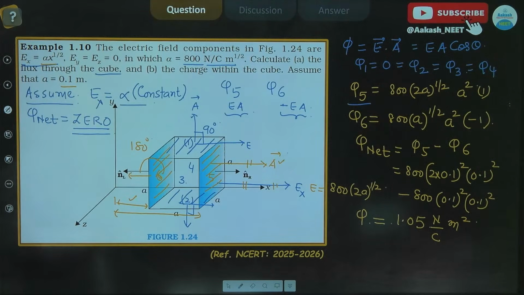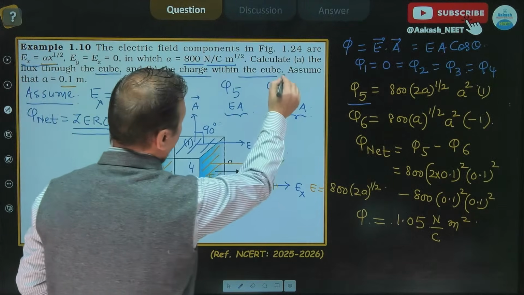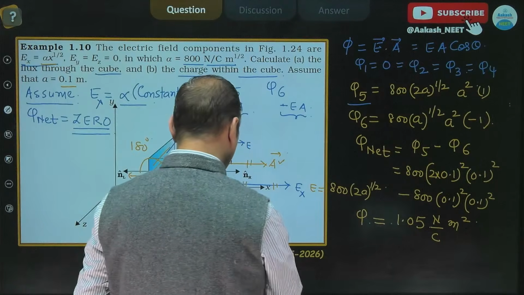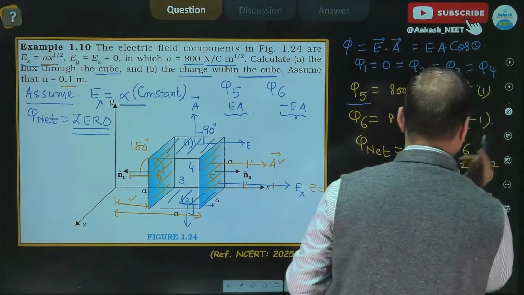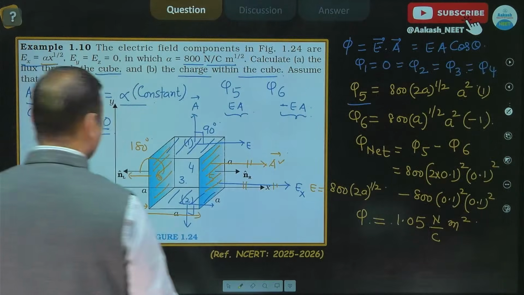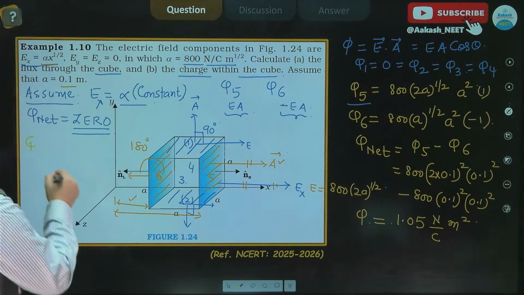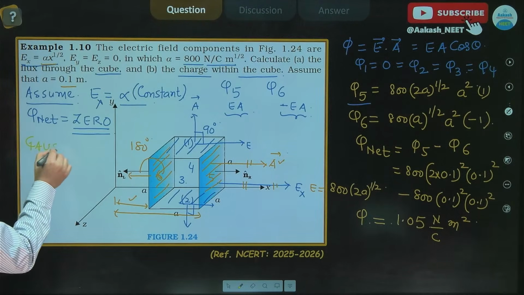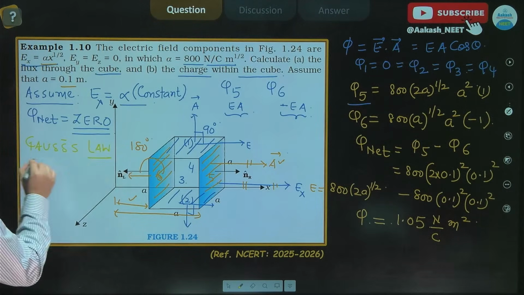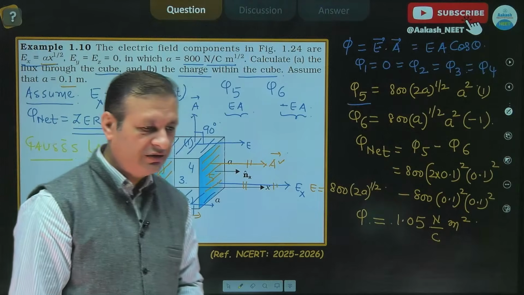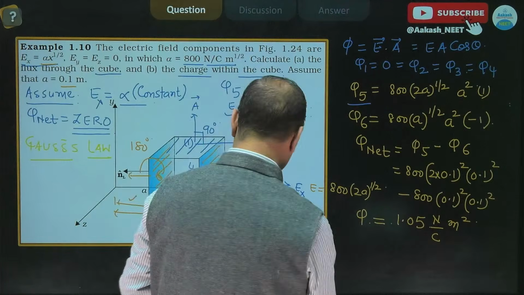Now let's move to part B. Part B says charge within the cube. Once we are supposed to find the charge, then as per your Gauss's law, this shade is clearly visible to you, or shall I make use of some other color?